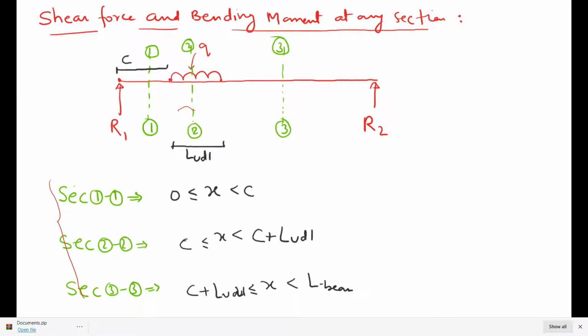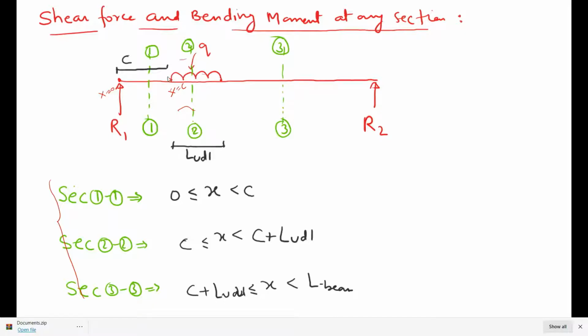Section 1-1 is from 0 to C, so x equals 0 here and x equals C here. The second section would start from C to C plus LUDL.